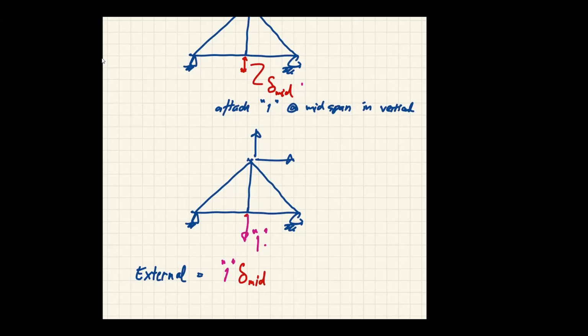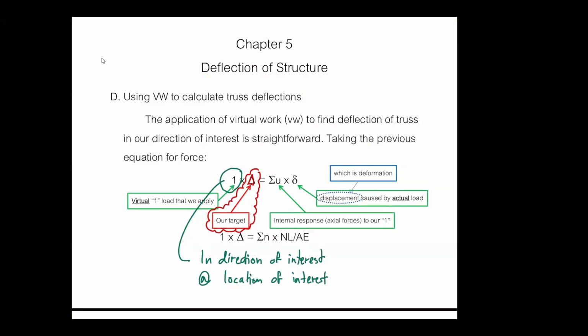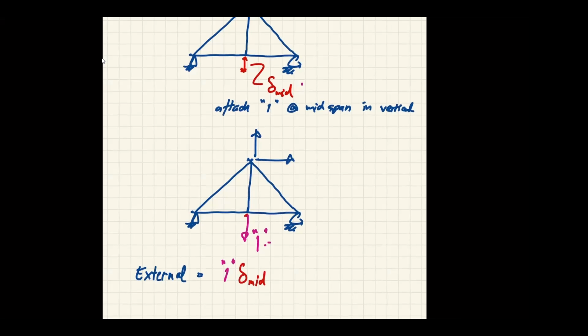So what becomes of our internal work now? When I apply this virtual unit load here, I will have the internal forces at each member in the truss, right? So let's call it, what do I call it? Okay, N, right? Here called N. So I may have here N1. This is probably N2.